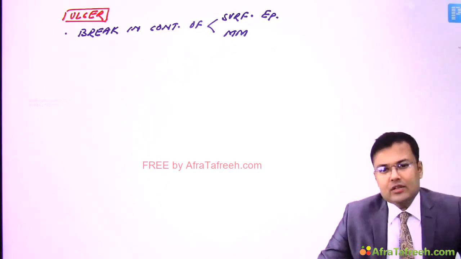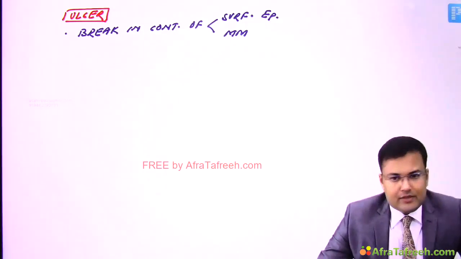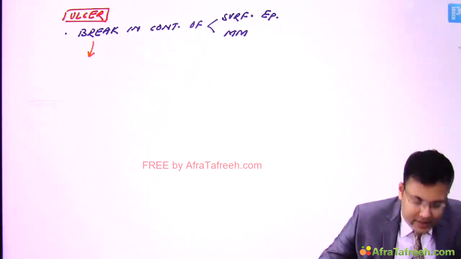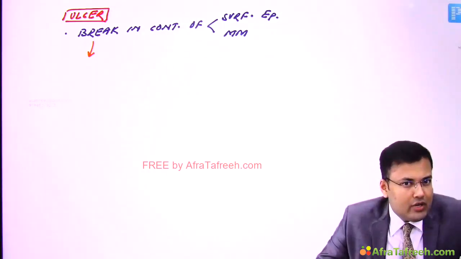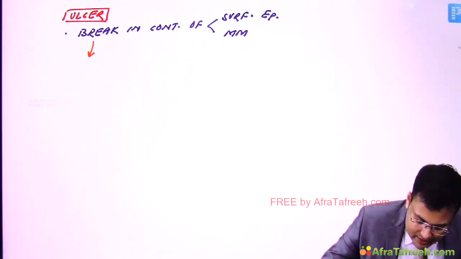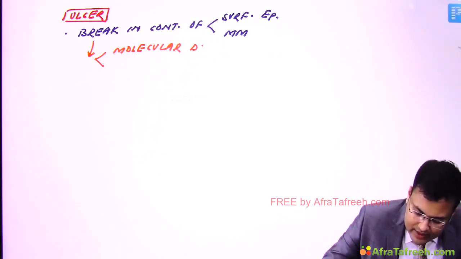Clear? So what is the cause of break in continuity of surface epithelium or mucous membrane? The cause of this break is either molecular death or traumatic removal, right? So either it is caused by molecular death of surface epithelium, or traumatic removal.